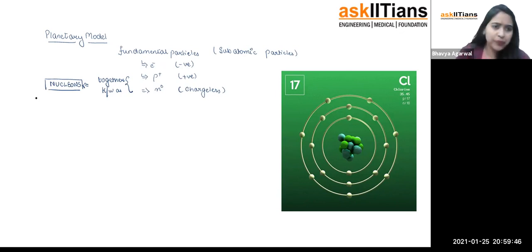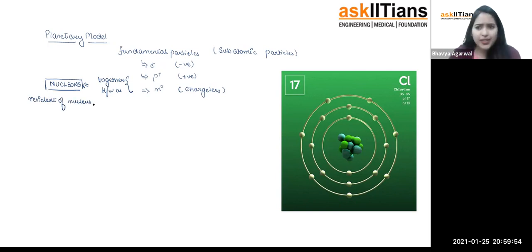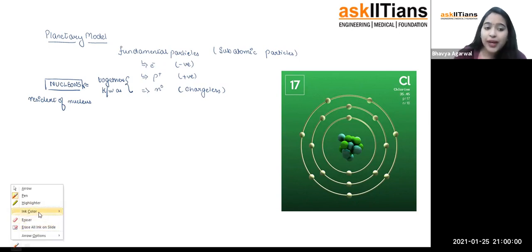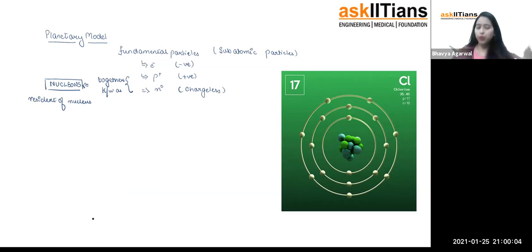What is a nucleon? Resident of nucleus. Now, what is nucleus? You remember that when I talk about electrons, protons, neutrons, we compared it with the planetary model, the solar system.